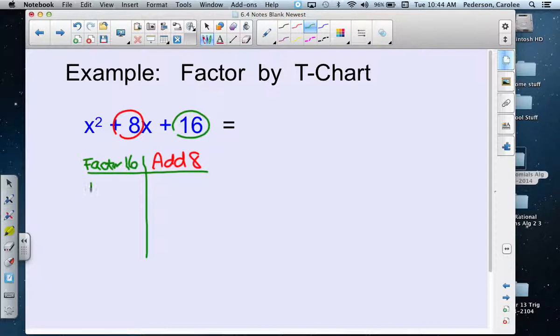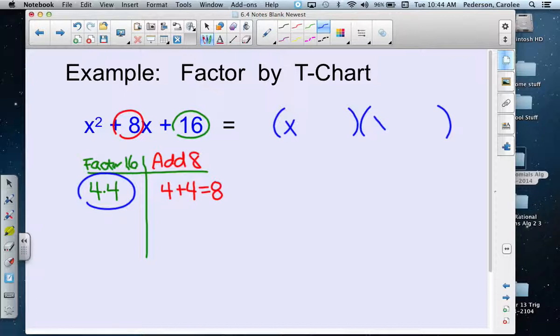One of the factors of 16 is 4 times 4. You get 16. When you add those numbers together, 4 plus 4, you get 8. So the numbers we're going to work with are right here, 4 and 4. So when you factor this, write 2 parentheses, split up the x squared into x and x, and you have a positive 4 and a positive 4 in the parentheses.